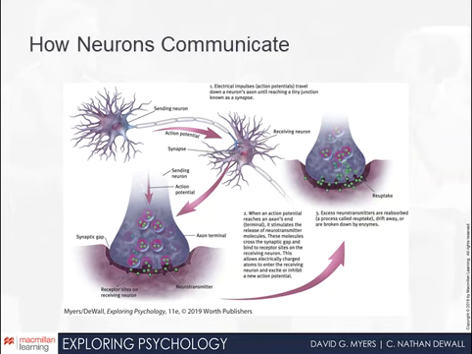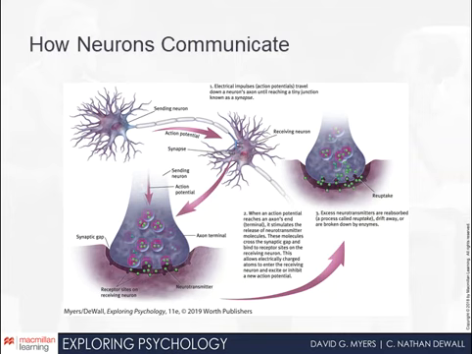Once it has done its job, the neurotransmitter is just sitting there. So what the body does next is perform what is known as reuptake. In reuptake, the neurotransmitter is reabsorbed by the sending neuron. So it takes it back into itself.